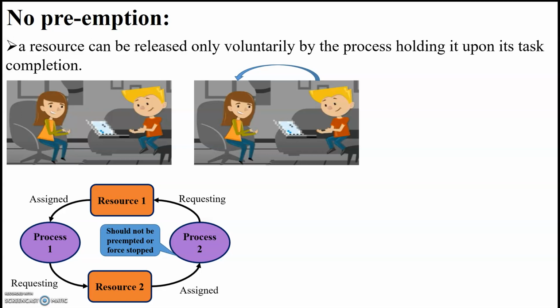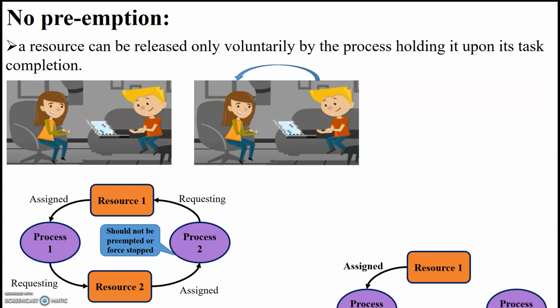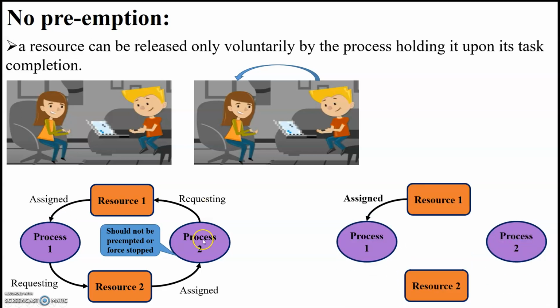It cannot be forcefully taken away by some other process. So here P2 says that now I have released the resource, let's say resource 2, and it has completed its execution. Now it will assign resource 2 to process P1. Now P1 requires two things for completion of execution, that is resource 1 and resource 2. So when resource 1 and resource 2 are available, process P1 completes its execution.